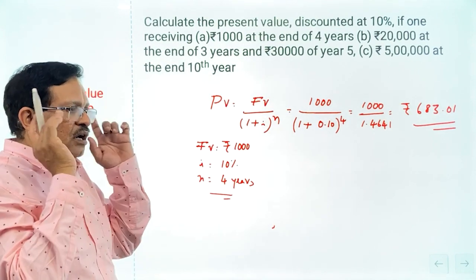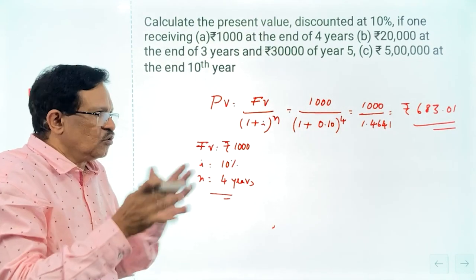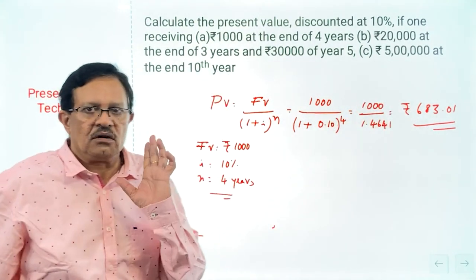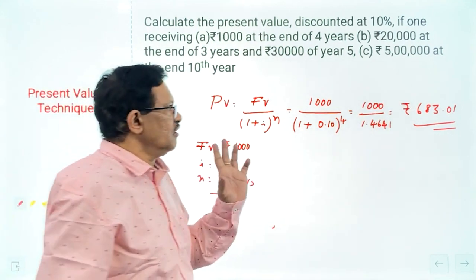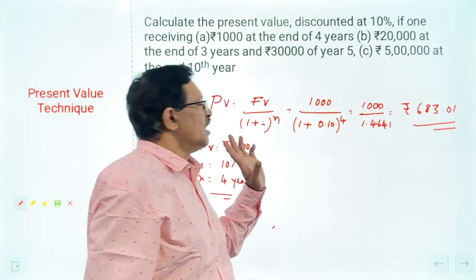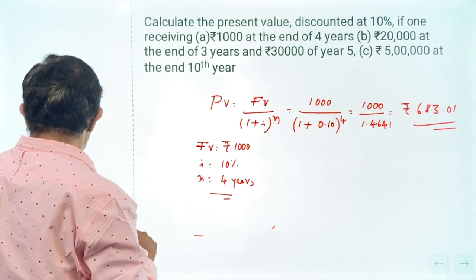You have to understand this carefully. In the examination, if suddenly you get more, that means you have done something wrong. So you have to be very careful. Always the present value will be lower than the future value. And let us move on to the second bit.